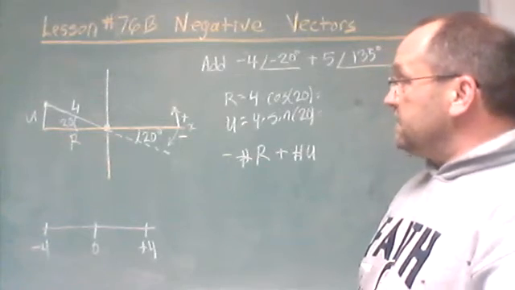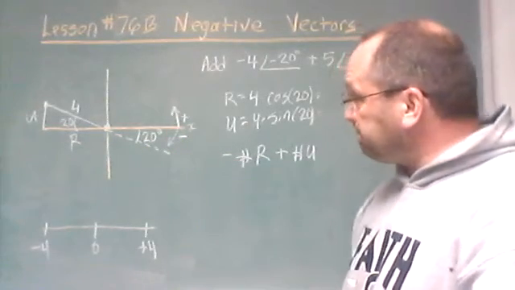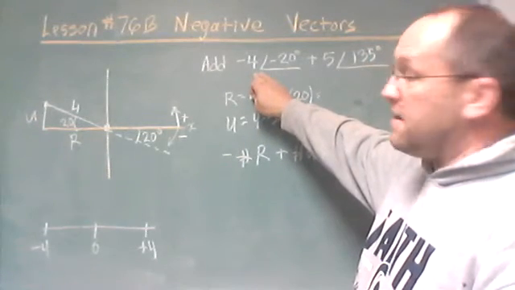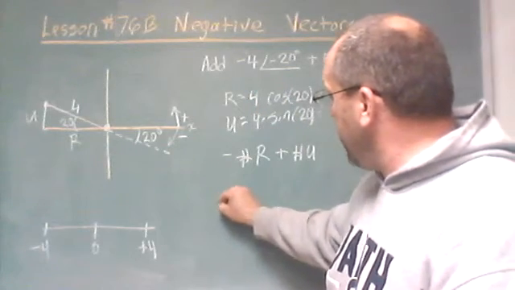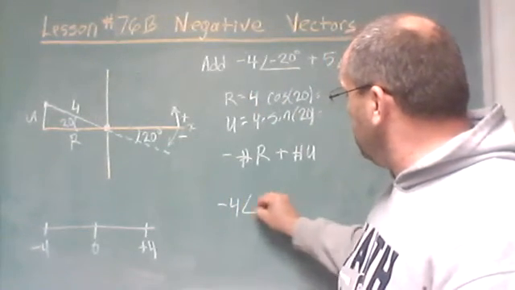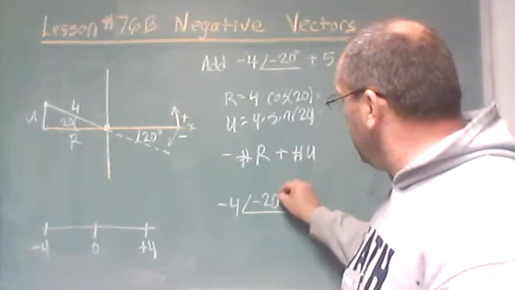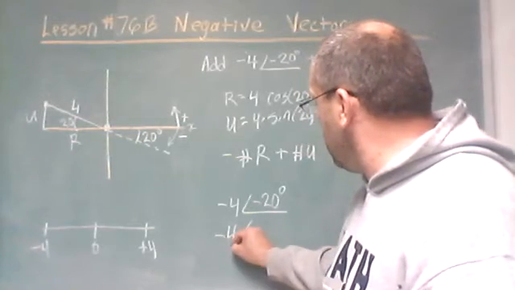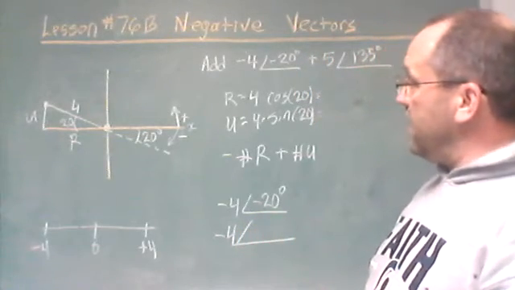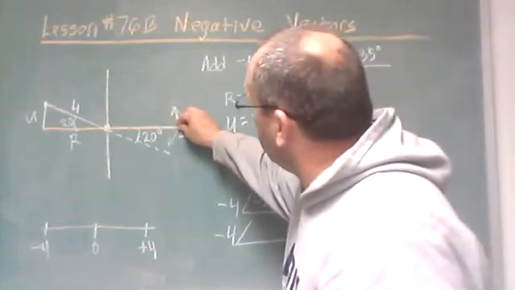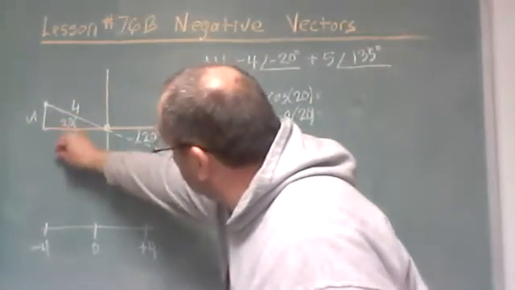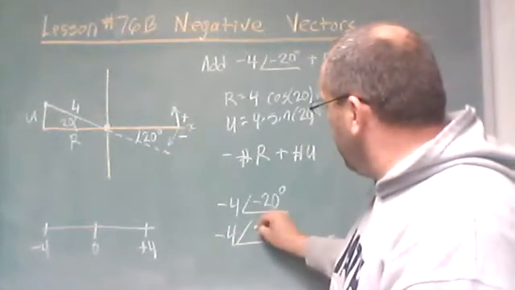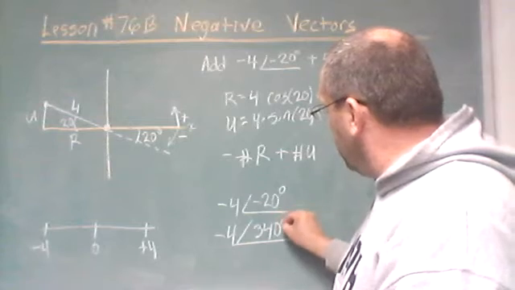So we said before, when we have a vector of -4 at an angle of -20, we can also express that as -4 at an angle of what? All the way around 360 degrees except the last 20, an angle of 340 degrees.